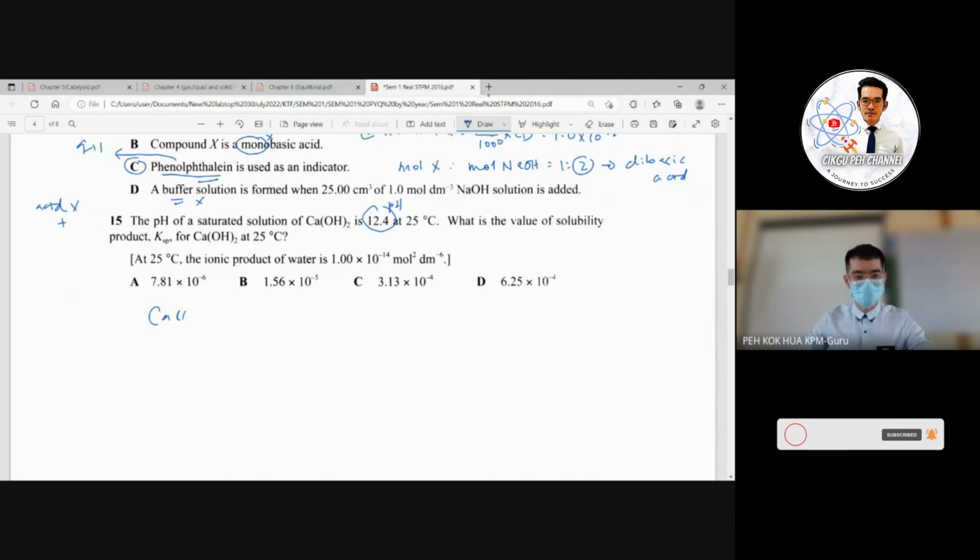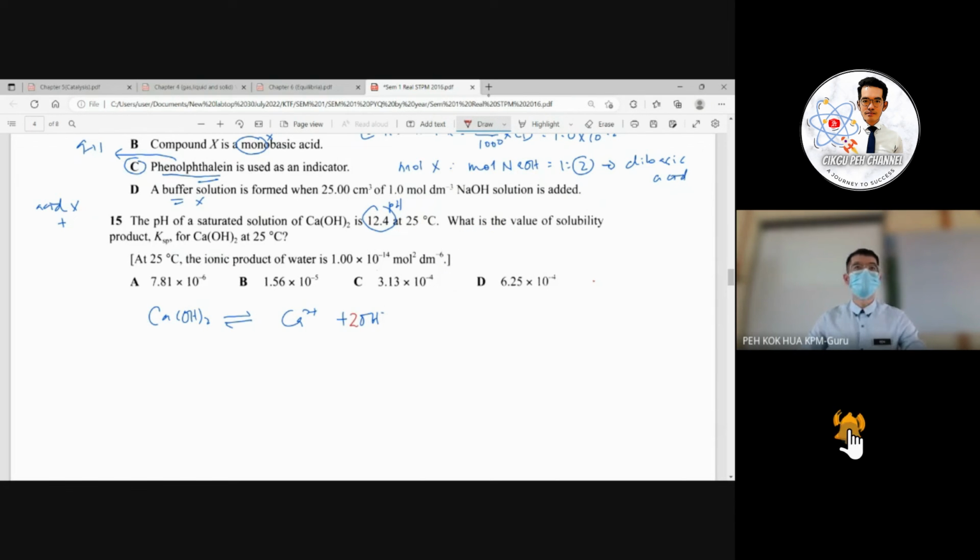The calcium hydroxide will dissociate to become calcium and OH. To balance the equation, 2 mol of hydroxide ion are produced. So we need to find the solubility. Let's say the solubility of calcium hydroxide is X. So here X, and here will be 2X.